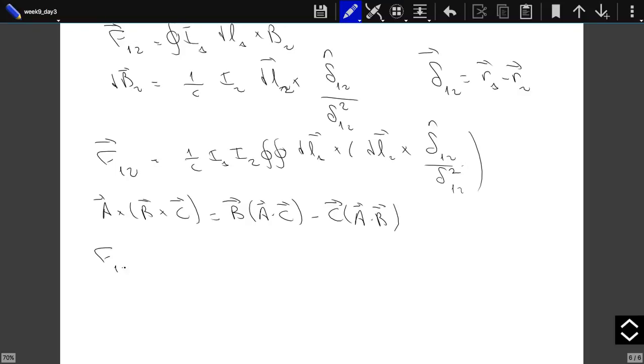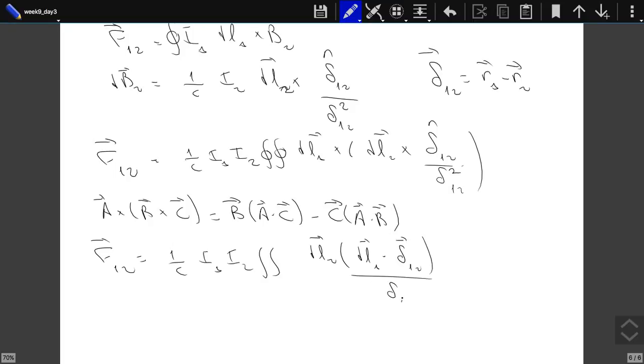So F12 would be equal to 1 over C I1 I2, our double integral dL2 times dL1 dot delta 1,2 hat over delta 1,2 squared, minus delta 1,2 hat divided by delta 1,2 squared dL1 dot dL2.